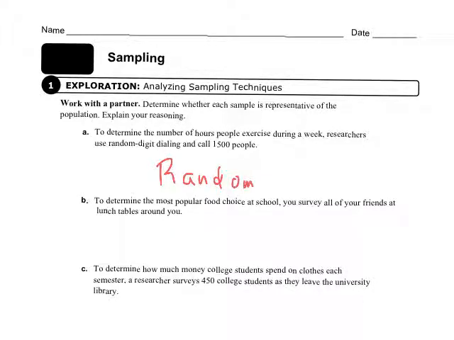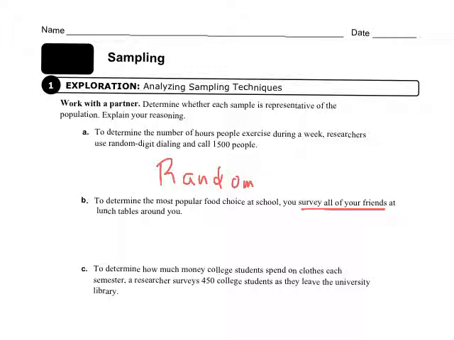Okay, all right, let's look at B. It says, to determine the most popular food choice at school, you survey all of your friends at lunch tables around you. Again, we want to think, does the way that we survey, or specifically who we pick for our survey, sway the results? I would argue that since you are surveying all of your friends at lunch tables around you, generally friend groups eat the same way, have similar fashion.